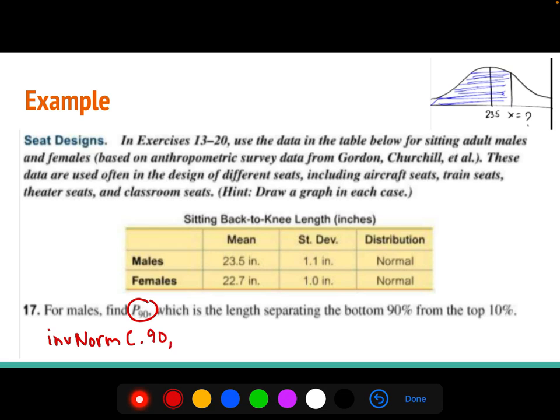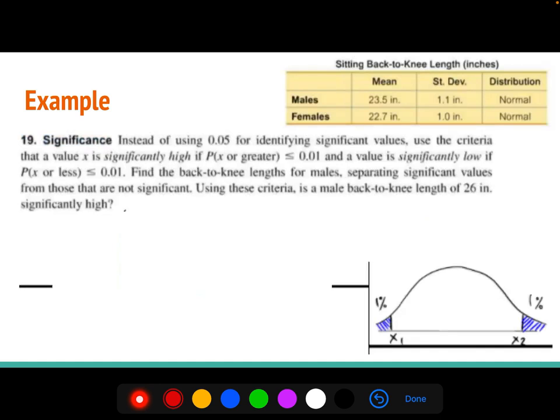And the area is 0.90. And this one is for males, so 23.5 for the mean, 1.1 for the standard deviation. We're separating them from the 90% to the top 10%, which is the left, and that's 24.9 inches. That's your seat length.